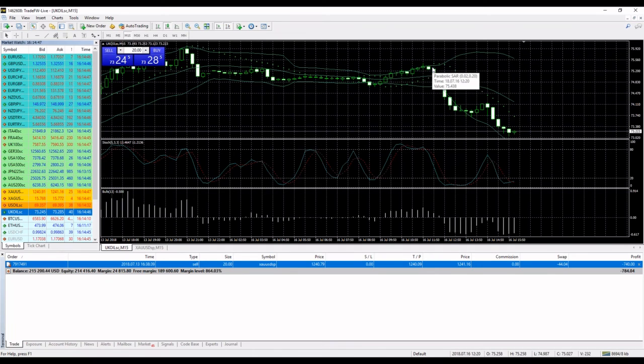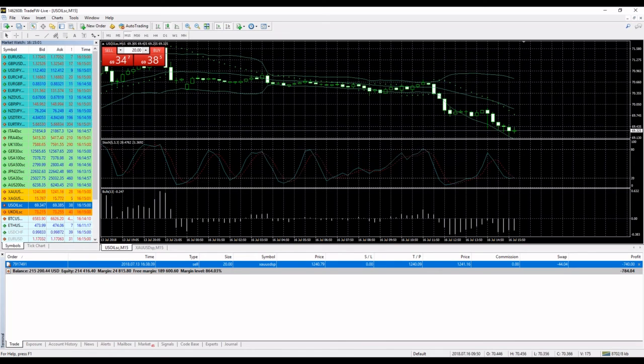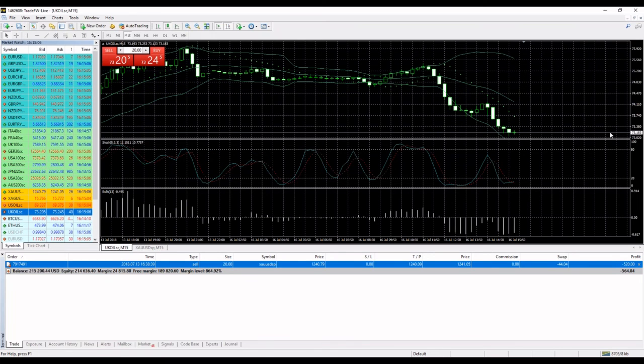It was at $75, and now it dropped down to 73. We had a drop of more than 2% this morning on Brent oil.